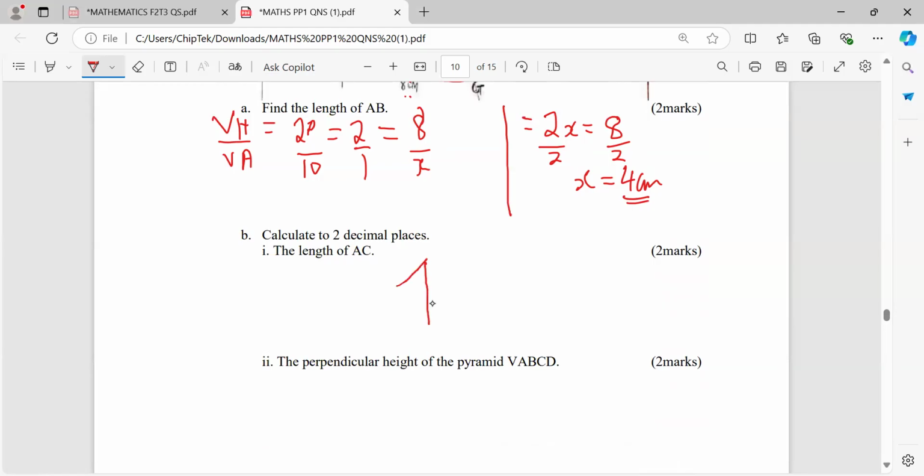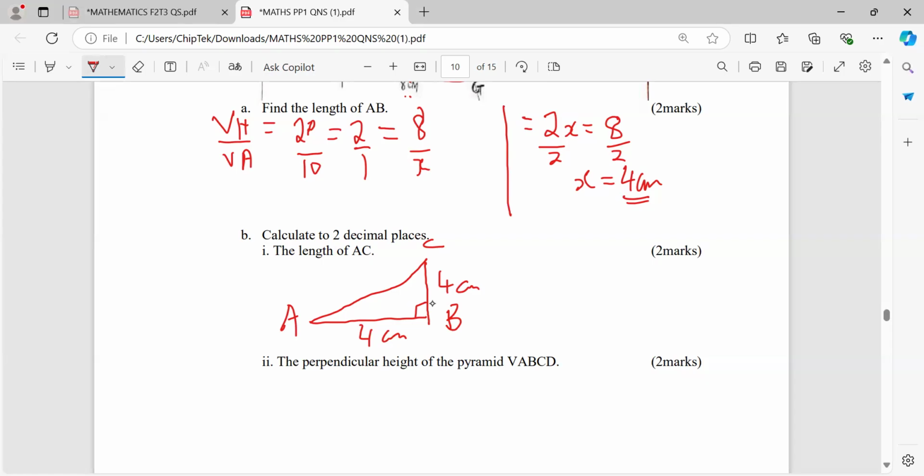Nitakaweza chora ile triangle. So tayari wajua hapa ni A, hapa ni C. Right. Na hapa ni B. So AB hapa ni 4 cm. Hapa ni 4 cm.